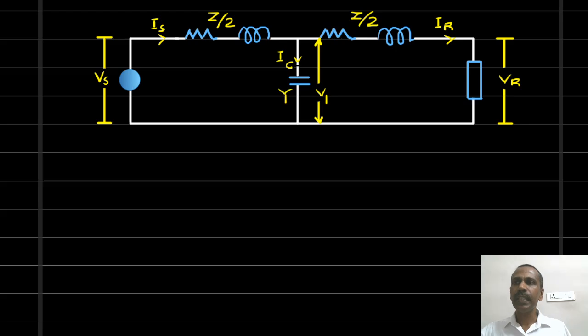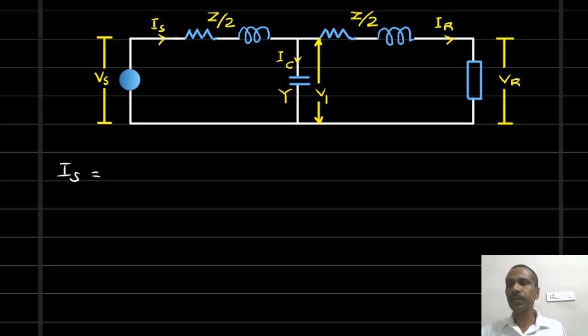In the nominal T network, as you know, the capacitor is concentrated at the middle of the transmission line, and impedance is equally divided on both sides of the transmission line. Here it is Z by 2, here also it is Z by 2. Now we have to write Vs and Is. Let me write the sending end current equation first.